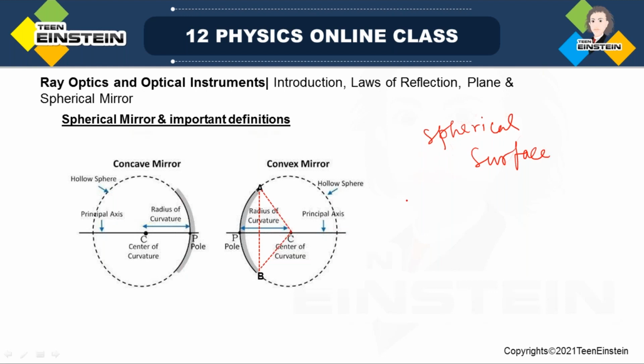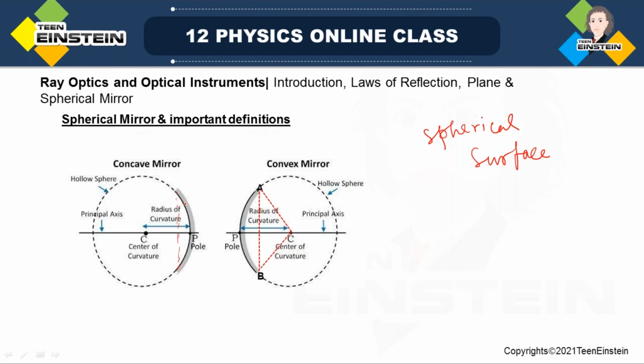If you take this hollow sphere and chop off this part, this will give you a mirror called a concave mirror.